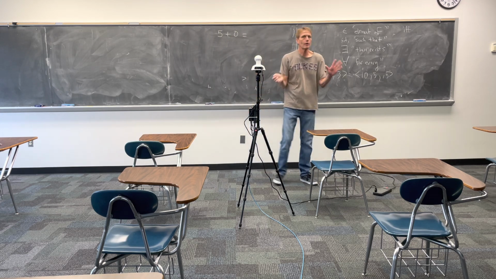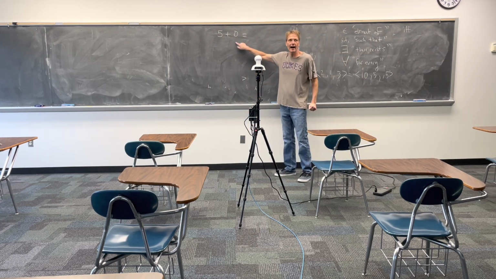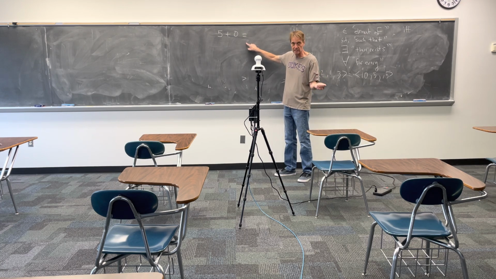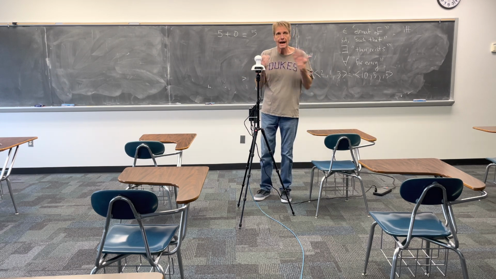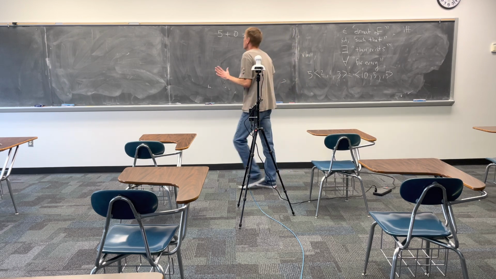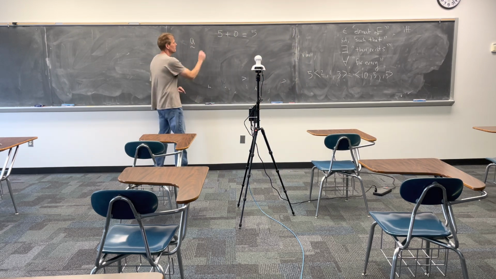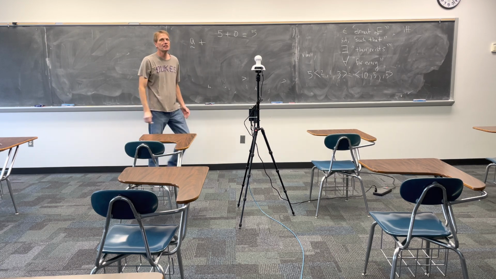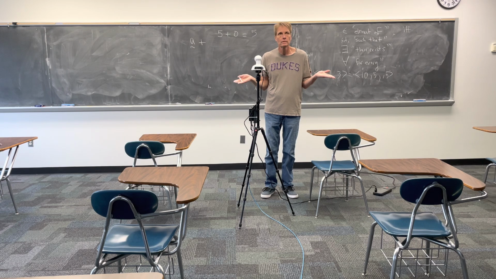Okay, you're like, Dr. Warren, I like where we're going. I think I've got this. 5 plus 0 is 5. And that's by our algebra of the real numbers. Okay. I've got a vector A. I've got an addition defined on my vector space. Do we not have that now?